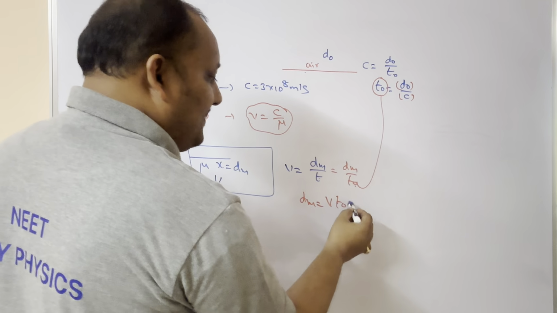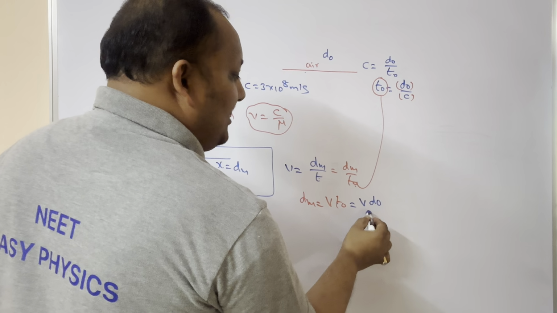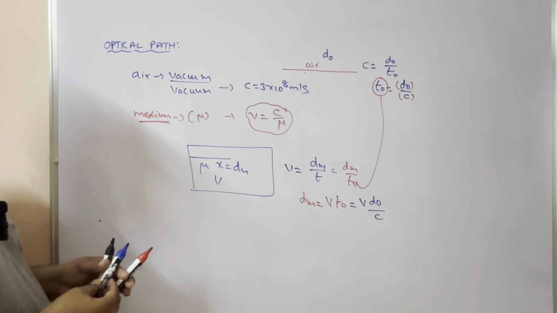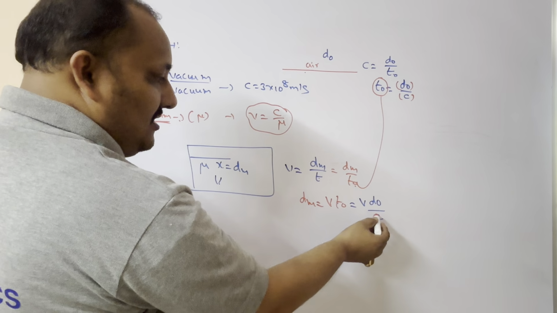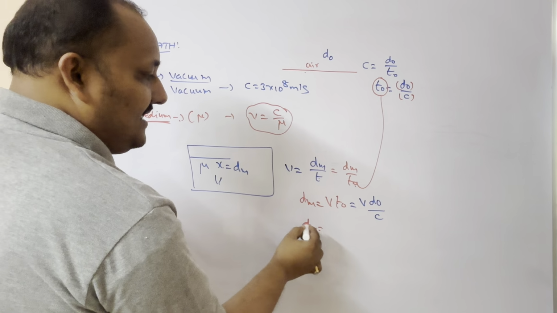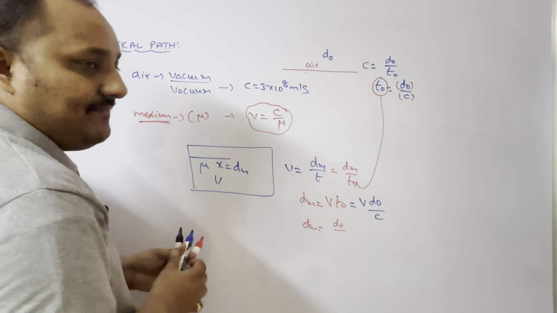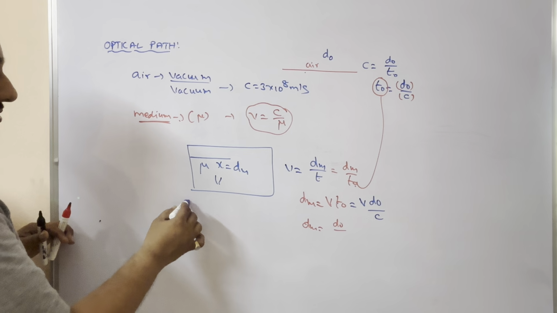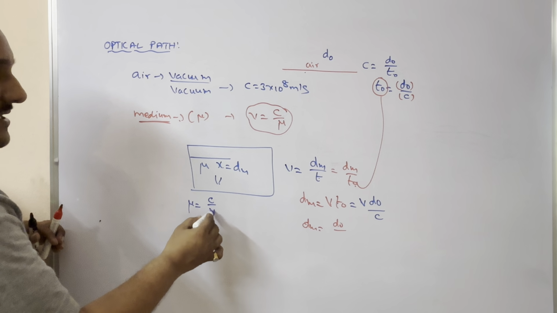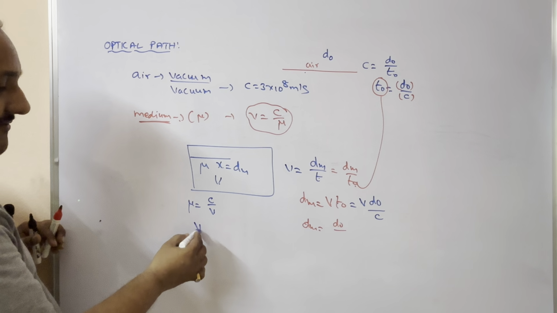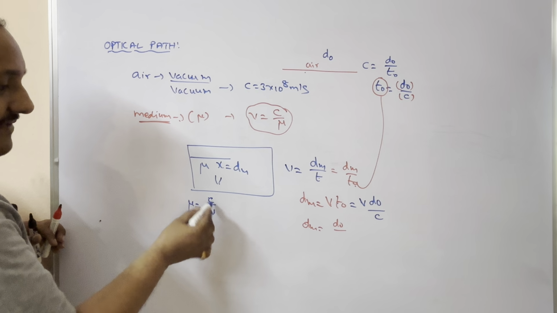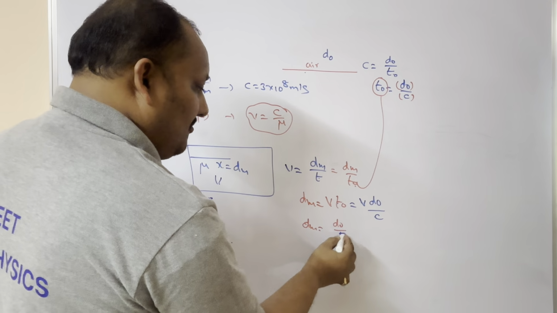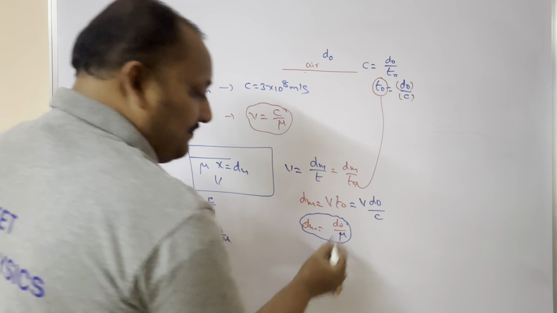What is t naught? d naught by c we can write, isn't it? So dm is equal to v d naught by c. We came to know mu is equal to c by v, so if you reverse it, v by c is nothing but 1 by mu.